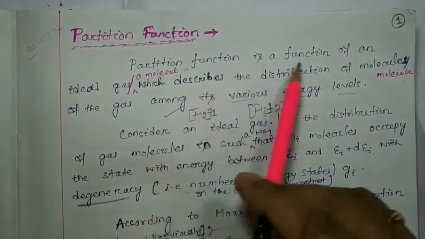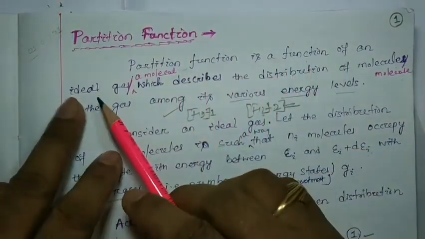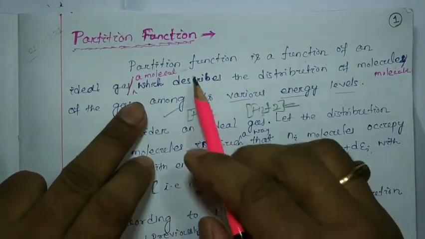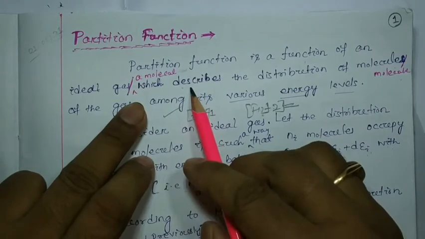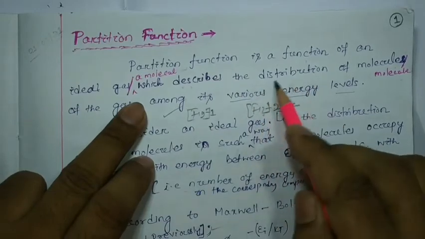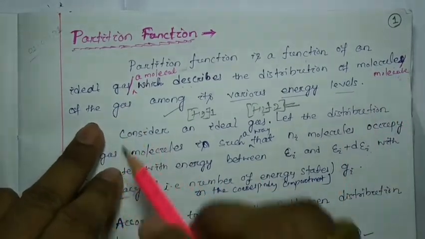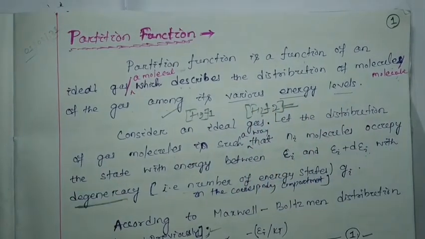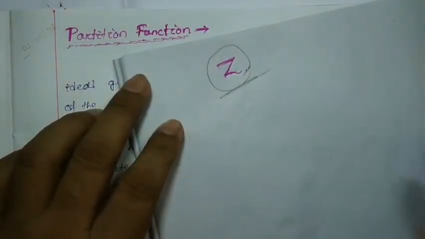Carefully watch: the partition function is a function of an ideal gas or a molecule, which represents the distribution of molecules or a molecule of the gas among its various energy levels, and which is represented by the symbol Z, that we have studied.